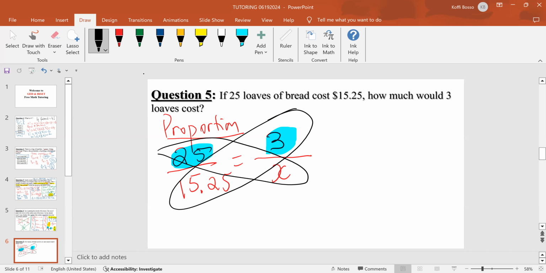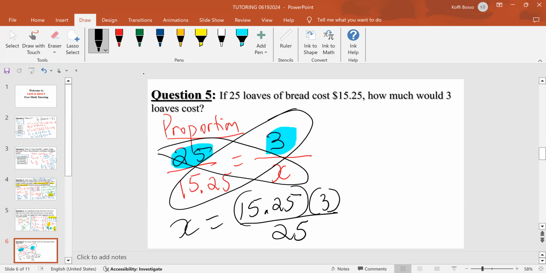So this tells you that x will be 15.25 multiplied by 3, divided by 25. Now with your calculator, what do you get? I get 1.83.